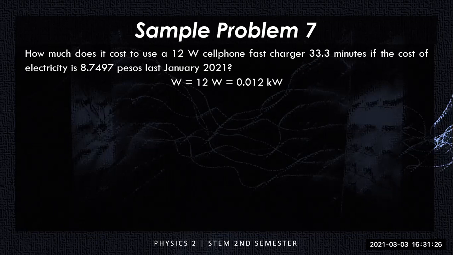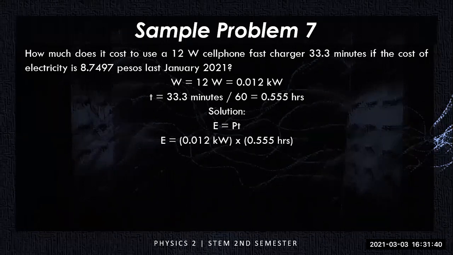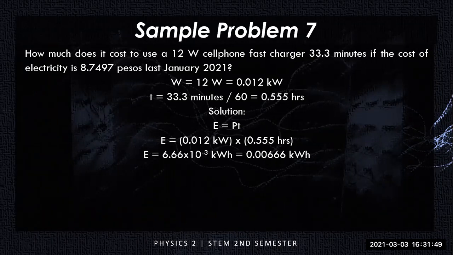So how can we compute it? We just need to convert the wattage, 12 watts, to kilowatts. You divide it by 1,000, and you'll get 0.012 kilowatts. Time: 33.3 minutes divided by 60, which is 0.555 hours. The energy is power times time, so 0.012 kilowatts times 0.555 hours gives 6.66 times 10 raised to negative 3 kilowatt hours, or 0.00666 kilowatt hours.